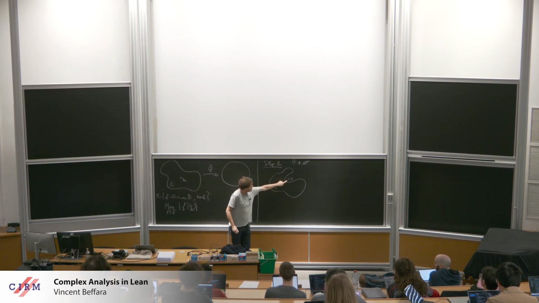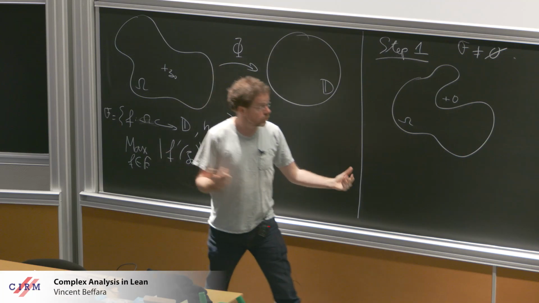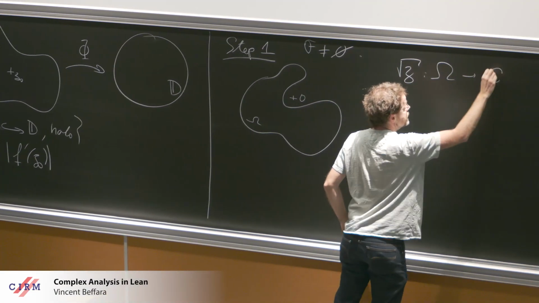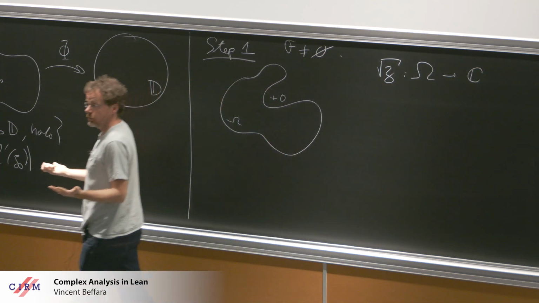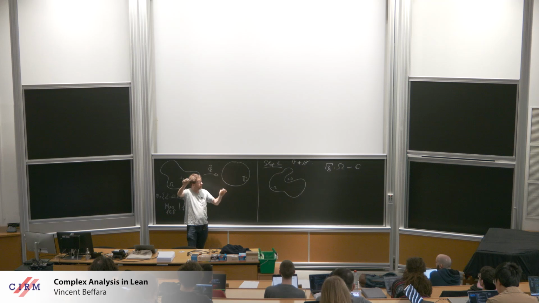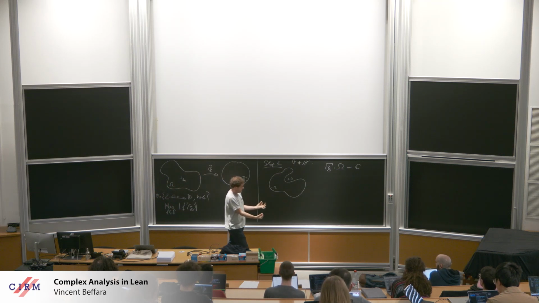So this is the identity, and you can define a square root. So you can define square root of z that goes from omega to C as a holomorphic function. Okay, and this z is an injection, so square root of z is an injection, and it doesn't take two values that are w and minus w, because that would contradict that z is injective.